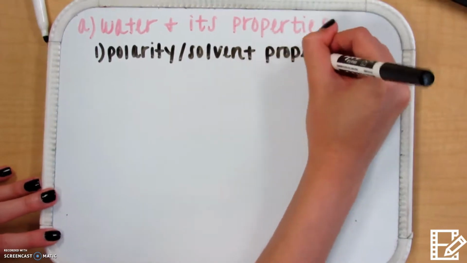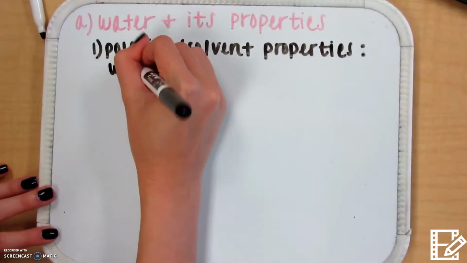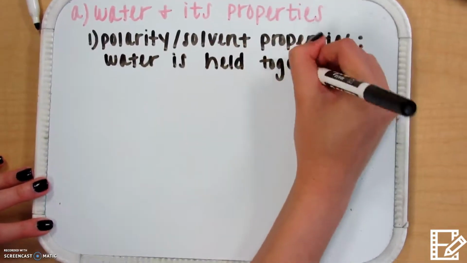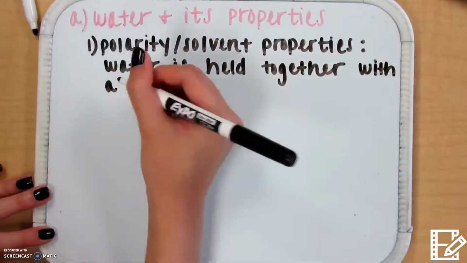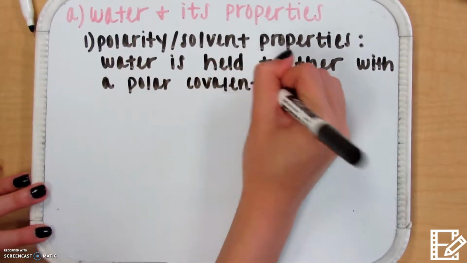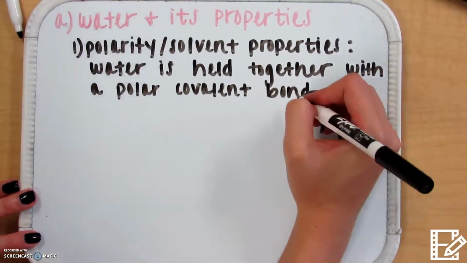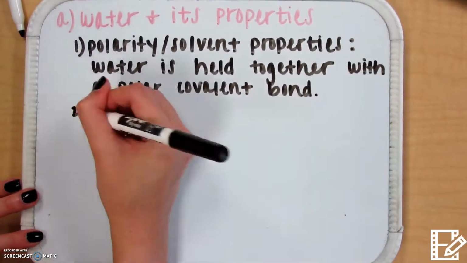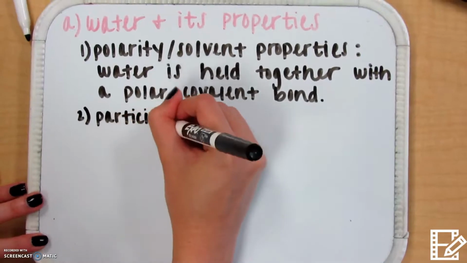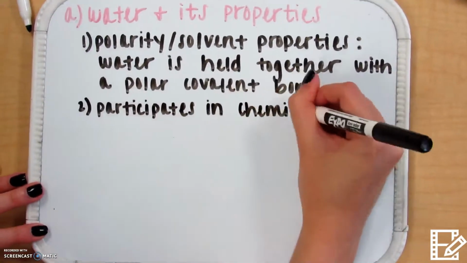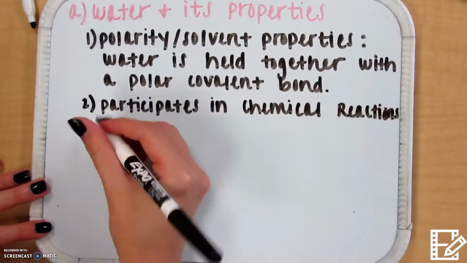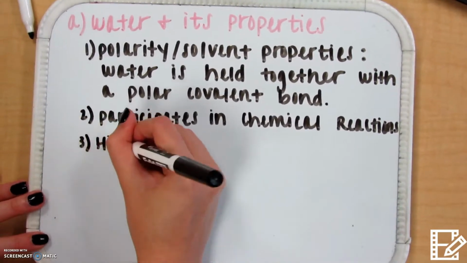The polarity and solvent properties of water is that it is held together with polar covalent bonds. It's a good solvent, and because of its partially negative and positive charges, it can dissolve ionic bonds. Water participates in chemical reactions.